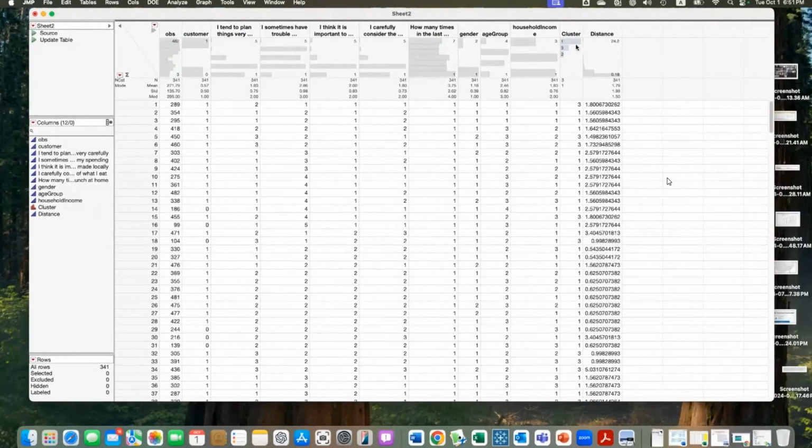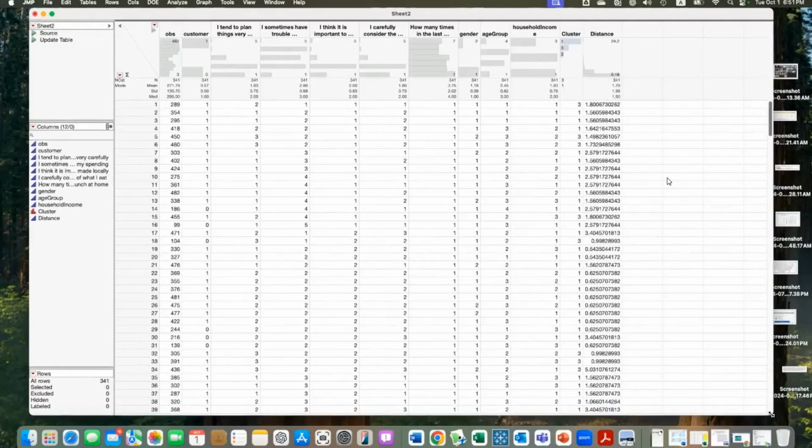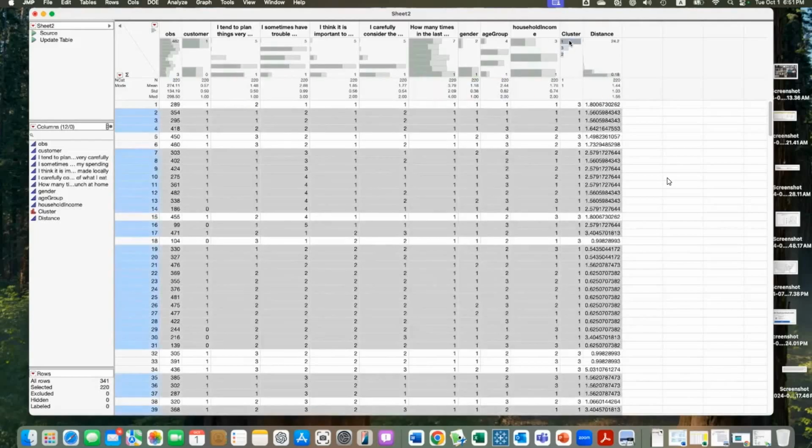Here on our data table we already have the clusters, right? You can see cluster 1, 2, 3. And actually, one quick, easy way to see who the customers in cluster 1 are is to simply click cluster 1, right? Then over here, for example, I want to see cluster 1's gender.